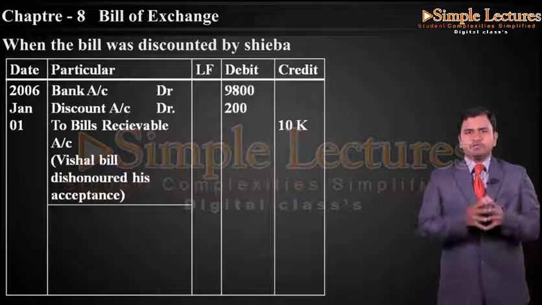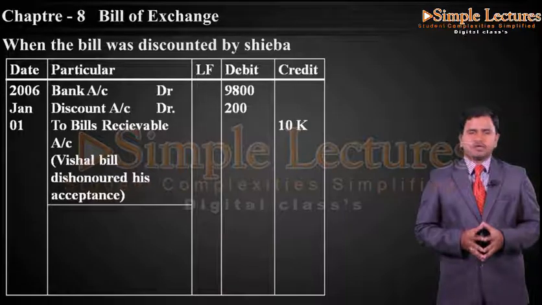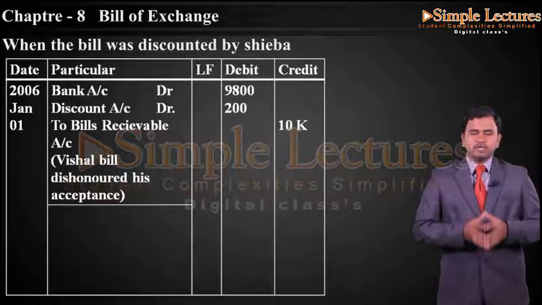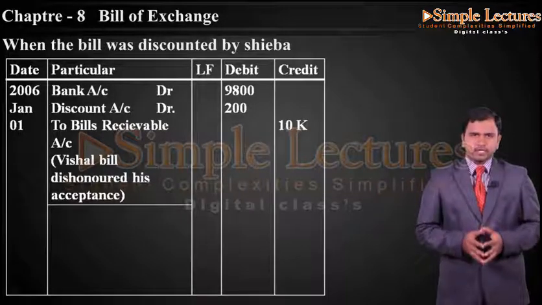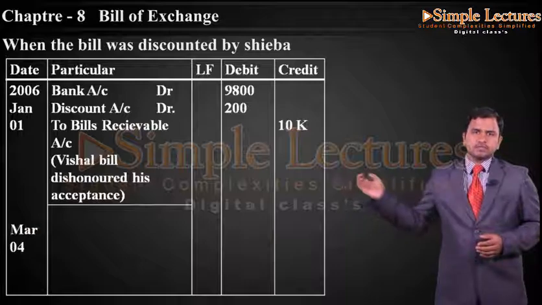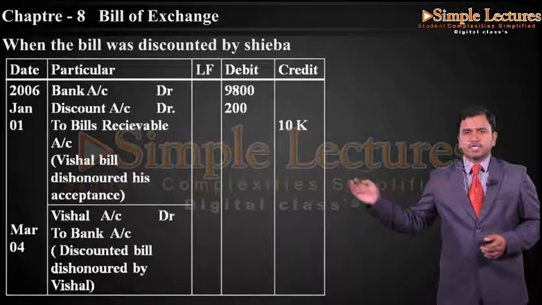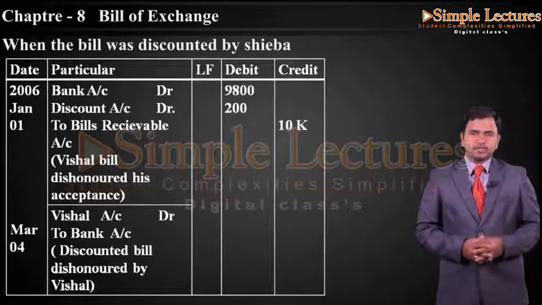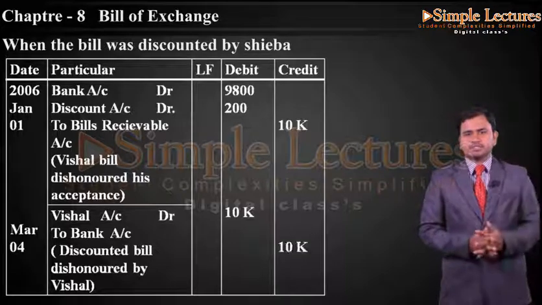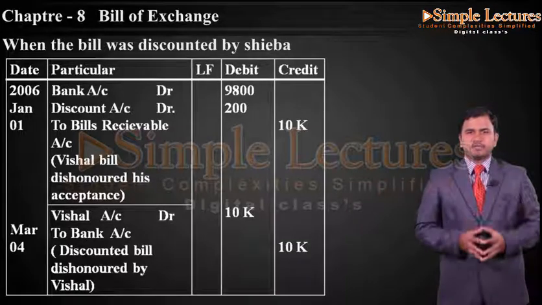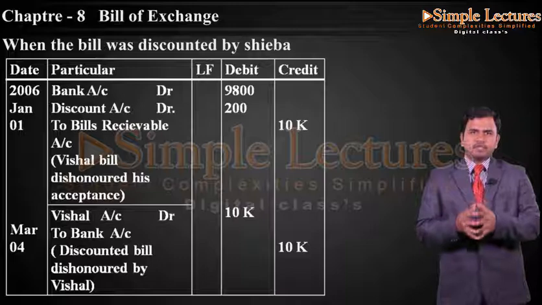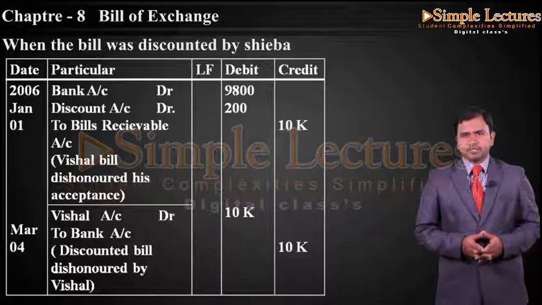Narration will be Vishal bill discounted from bank. And the last entry will be for the dishonored bill, where the entry will be reversed again here. So on March the entry will be Vishal's account debtor to bank account, 10,000 debit and 10,000 credit. And the narration will be Vishal bill dishonored on his acceptance.